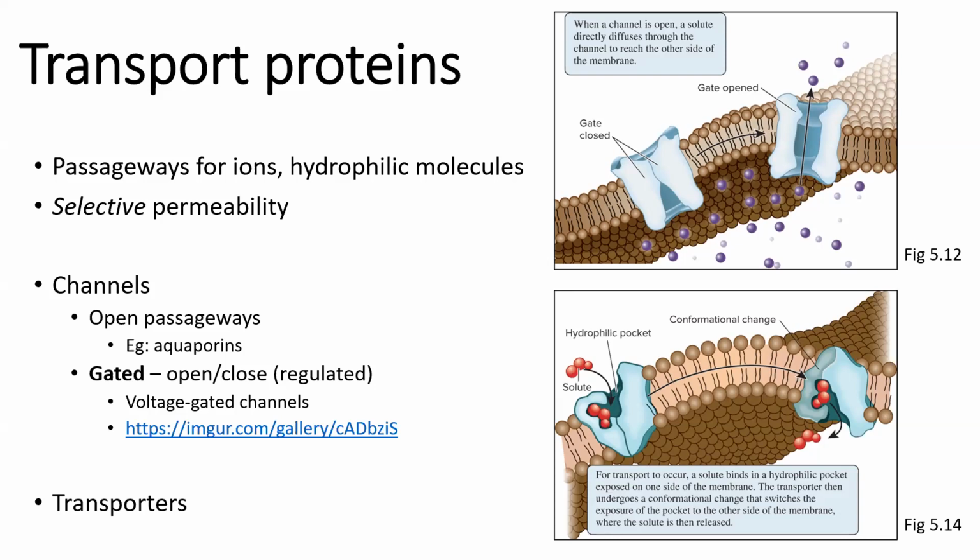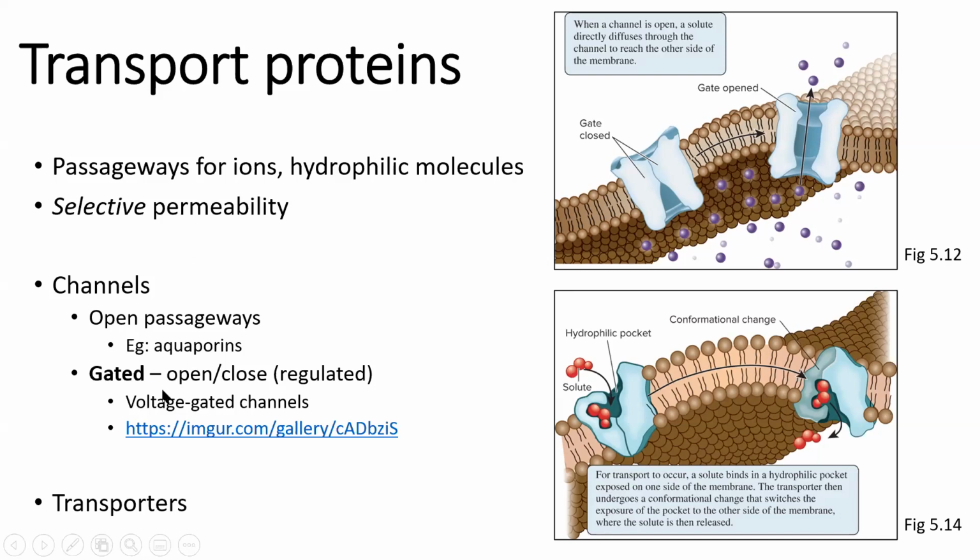Basically, the transport proteins allow for selective permeability. Remember that word, we talked about it a little bit ago. So you want to be able to move stuff in and out of the cells. So we have different types of channels that can be used.